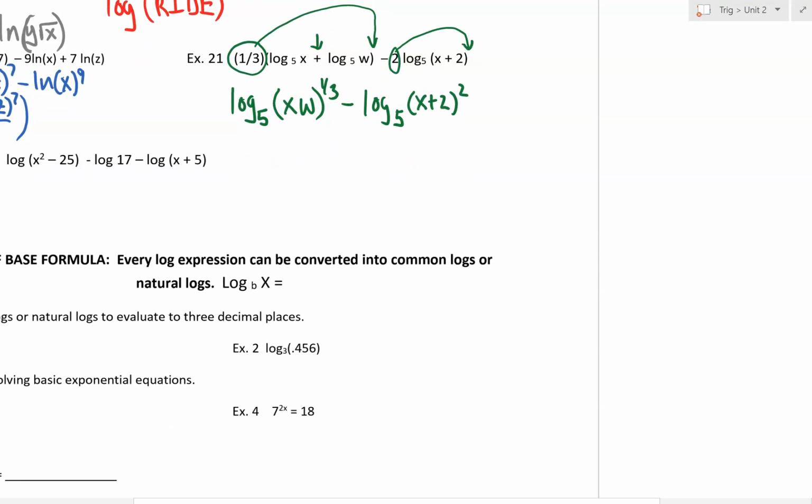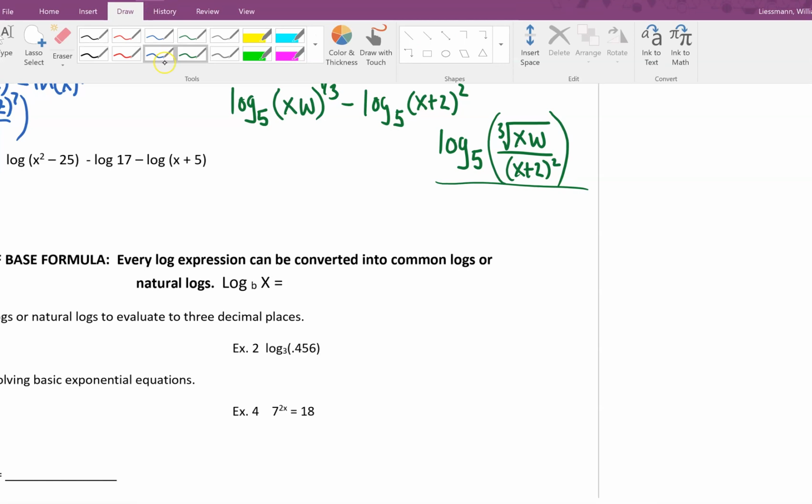And then to finish this problem, we would then make this a division and write it as 1 log. So log base 5 of the cube root of xw over x plus 2 squared. That would be our answer to this one. Lots going on in that one. Just take them step by step.